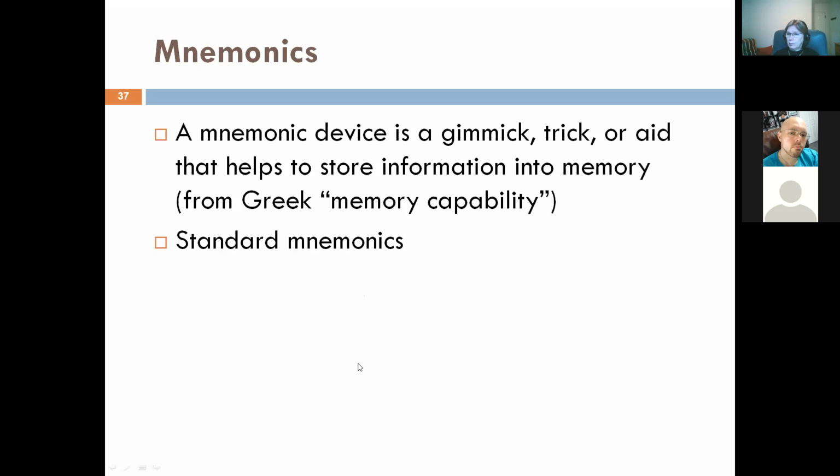So what is it? Well, we have a bunch of mnemonics that have been sort of invented and used all over the time when we didn't have cell phones with us. People had to memorize public speeches, so they had to, we still have to do that, and we still have to memorize things like, I don't know, the names of the 5 Great Lakes in the United States, or the names of the notes on the treble clef staff.